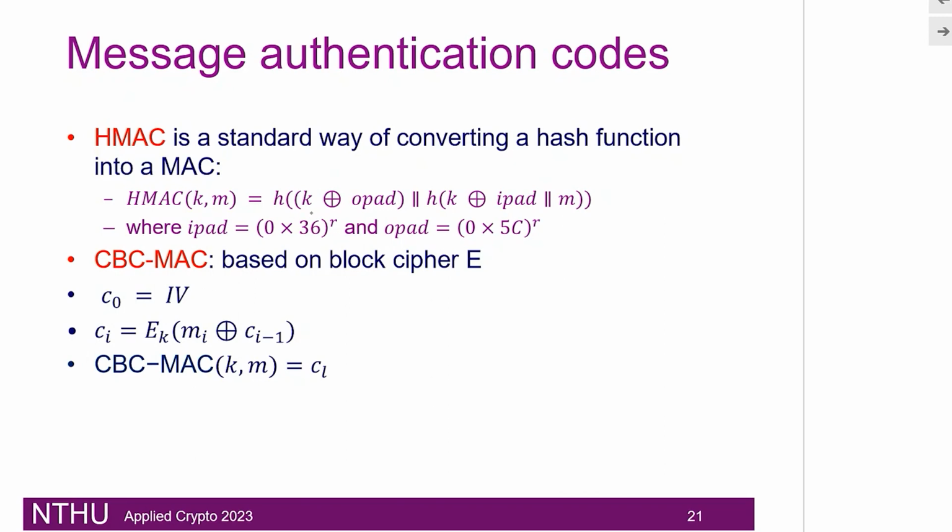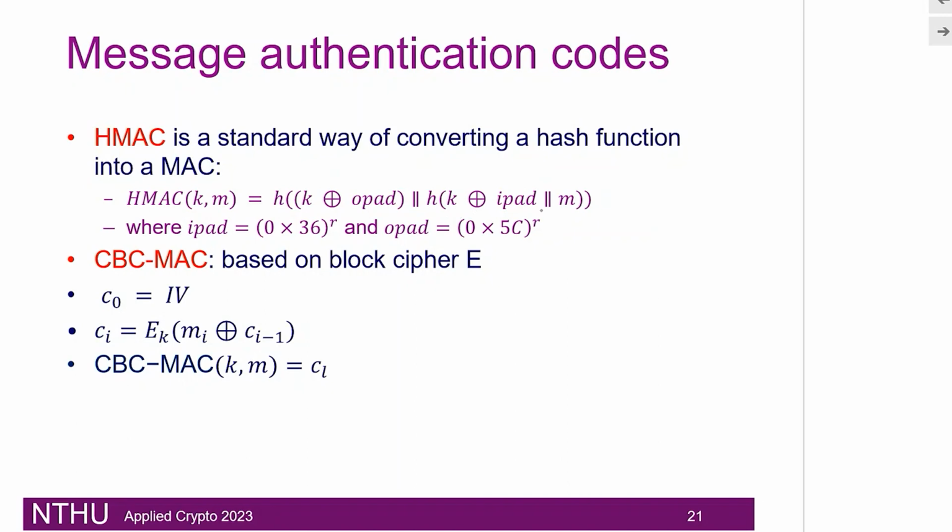So what they do is they XOR the key with the opad, and then they keep that, and then they concatenate it to the hash of this result, which looks like the same. So this is the only time that the message comes into place.